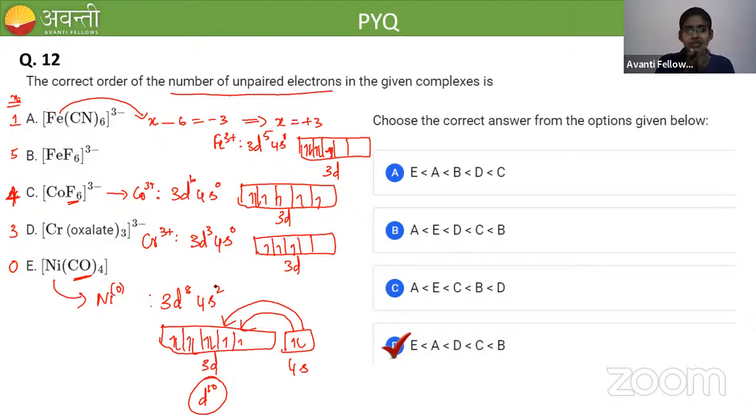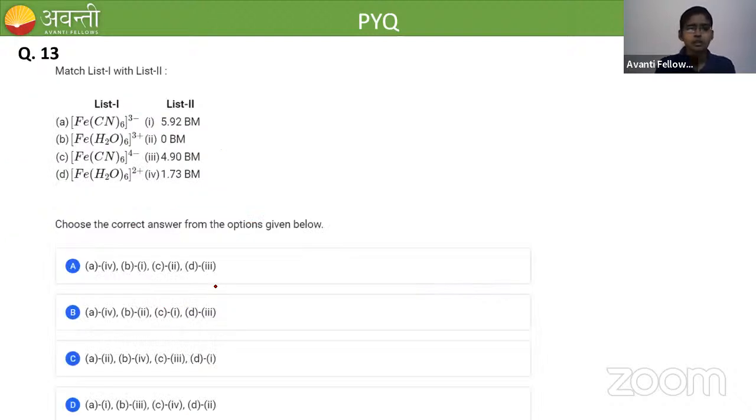We'll move on with one more question. Question number 13. Match list 1 with list 2. The complexes are given in list 1 and their magnetic moment values are given in list 2. So try for the answer. Just find out the oxidation state first.